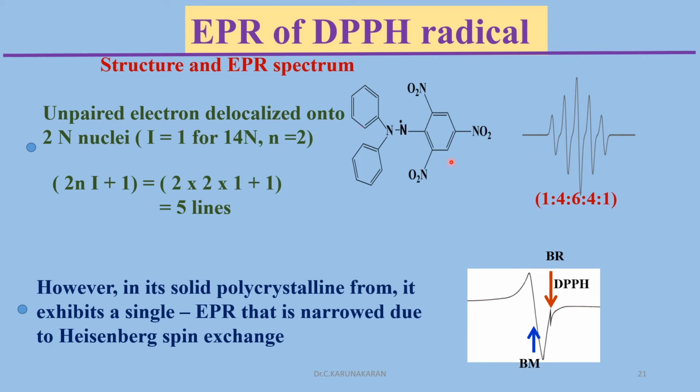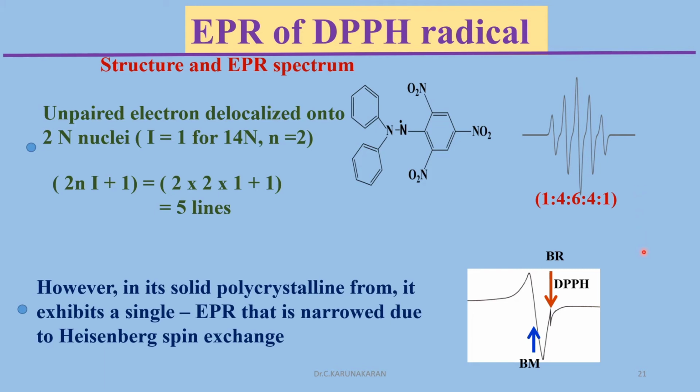Okay, let us see the structure of DPPH. The unpaired electron is delocalized over two nitrogen atoms. Therefore, I equal to 1 for nitrogen-14. There are two nitrogen atoms, 2nI plus 1. There are 5 lines with the ratio as obtained here.